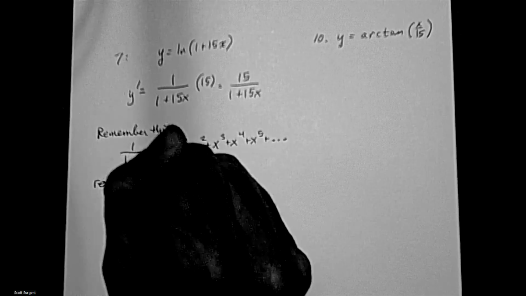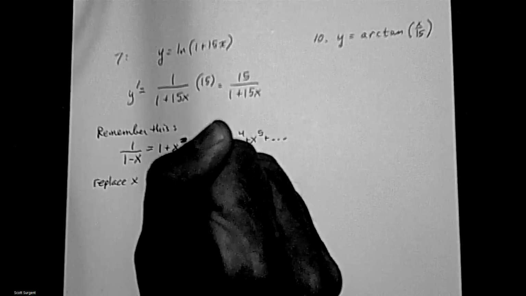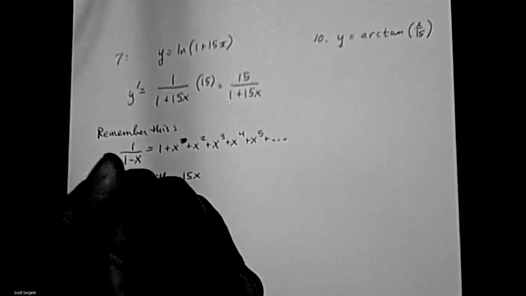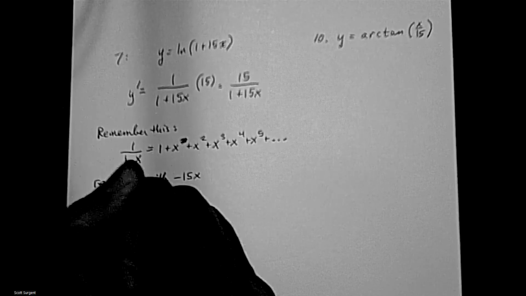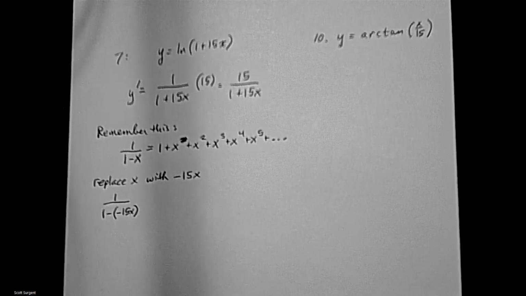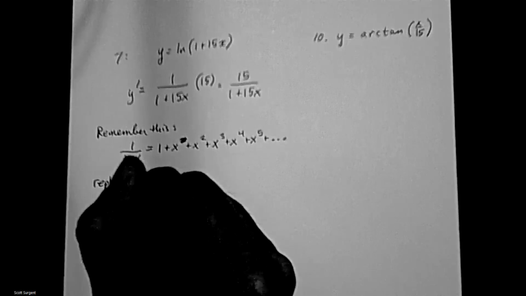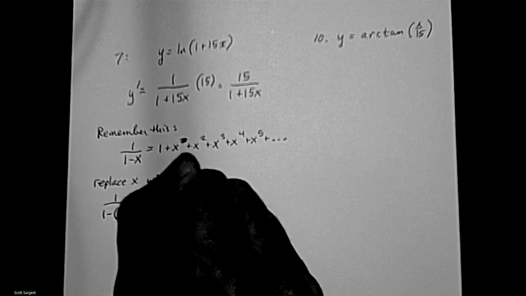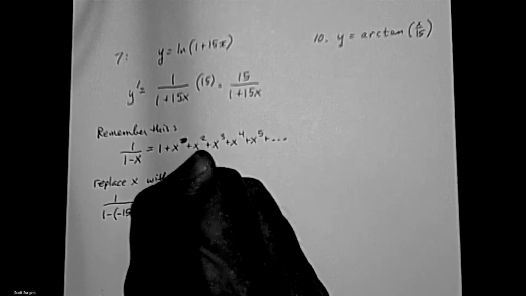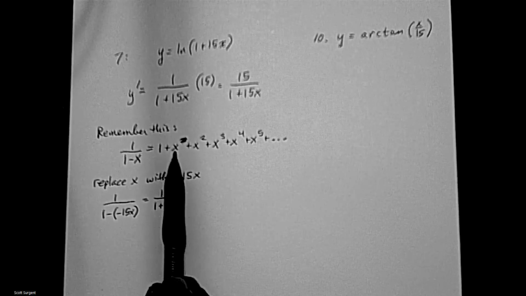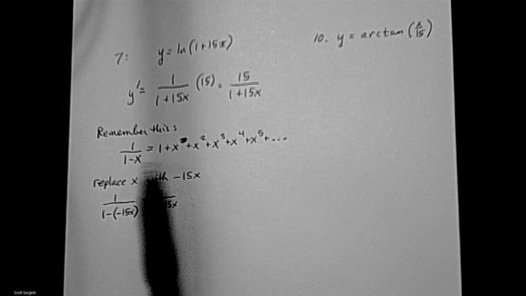the x with minus 15x. And what happens is the minus and the minus make a plus, which is what we want. But check this out. All these x's get replaced with negative 15x.